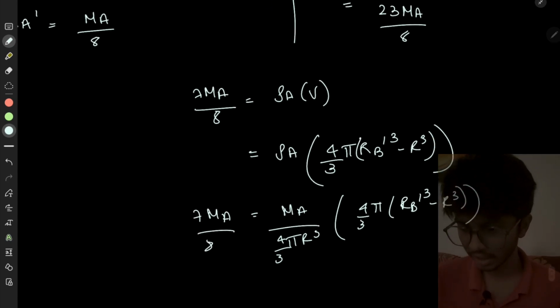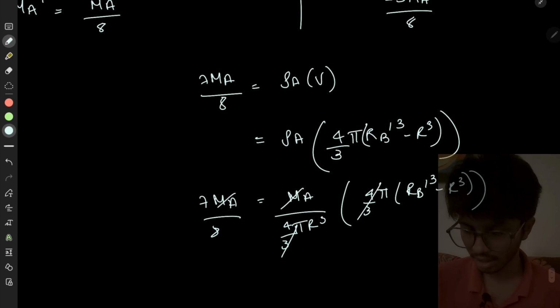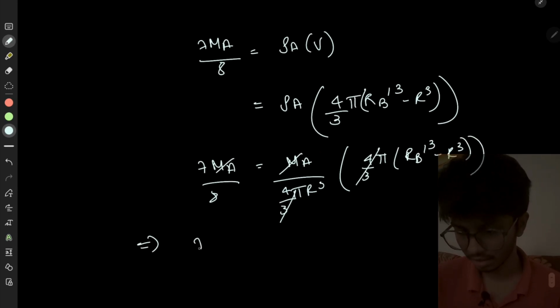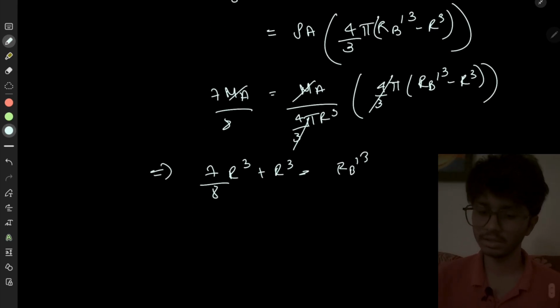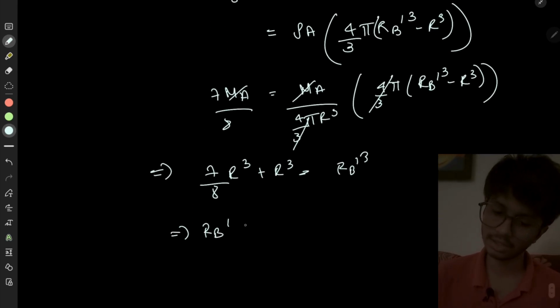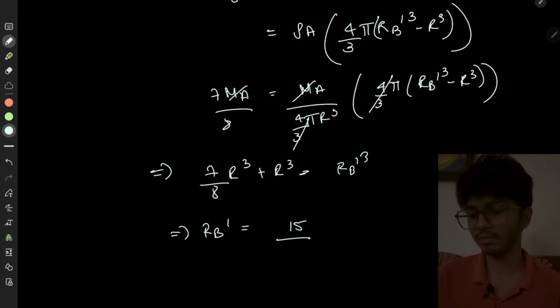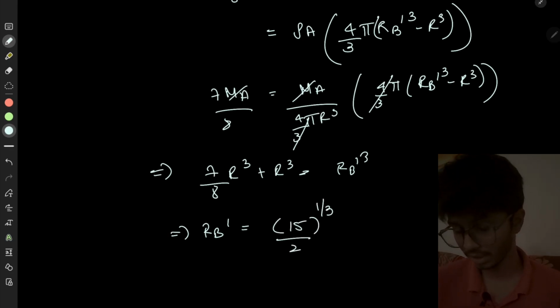A few terms get cancelled out. We get 7 upon 8 R cube plus R cube is equal to RB dash cube. This implies that RB dash is equal to 15 upon 8 to the power 1 by 3 times R by 2.